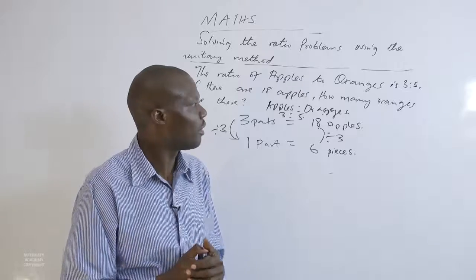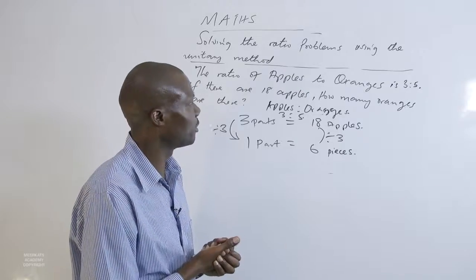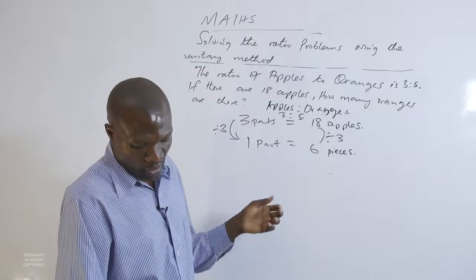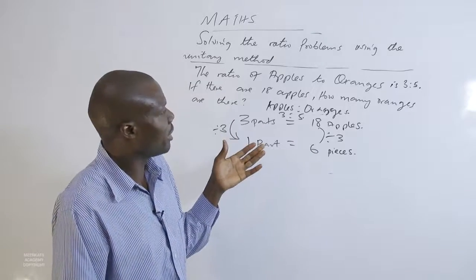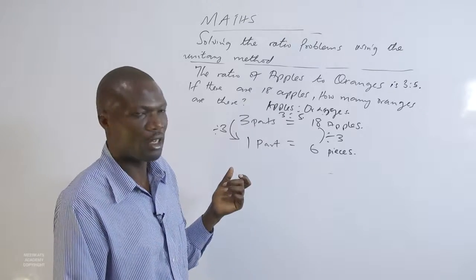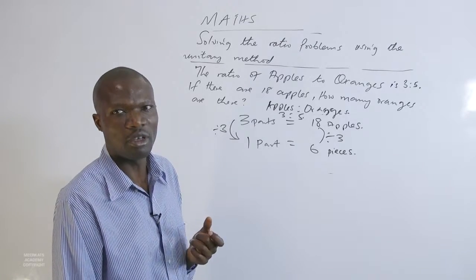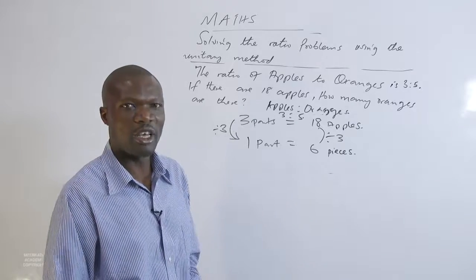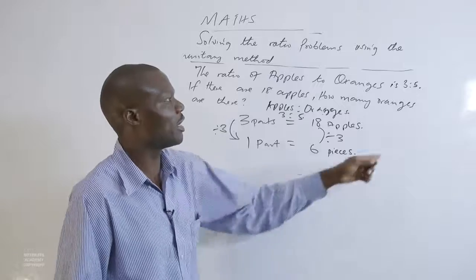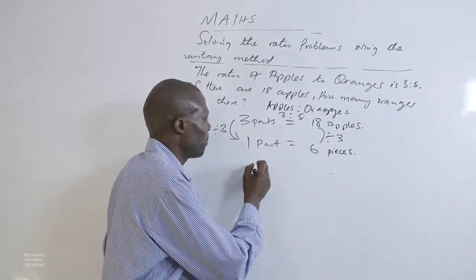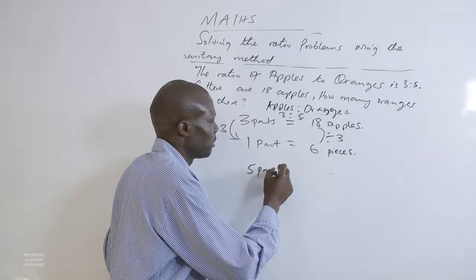Now, our question comes. How many oranges do we have? If 1 part is simply 6 pieces, therefore, we are looking at oranges, and this time the ratio for oranges is 5. So we are looking for how many parts? 5 parts.